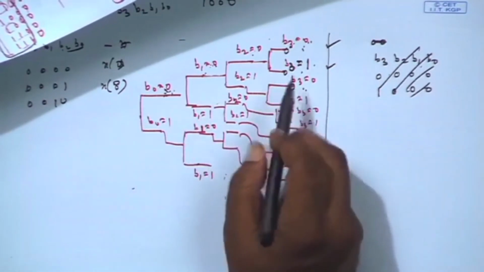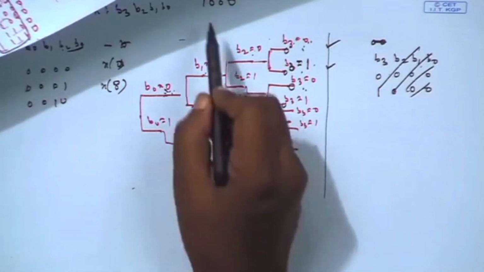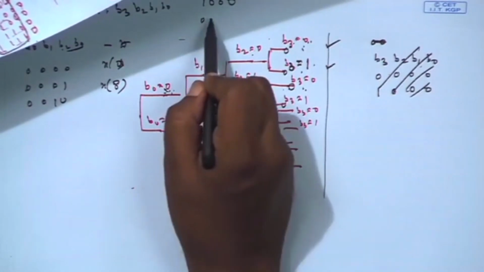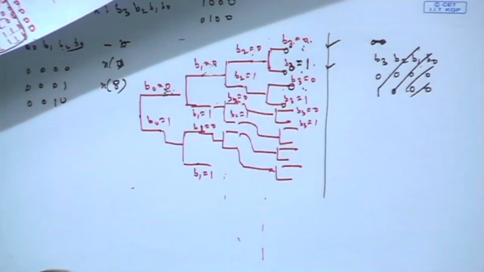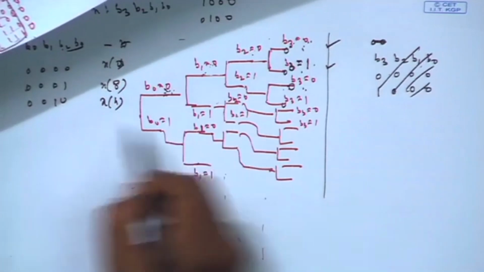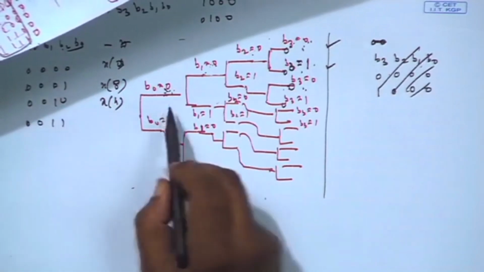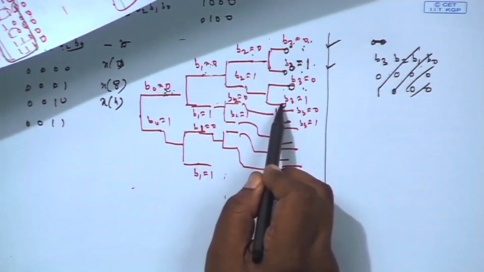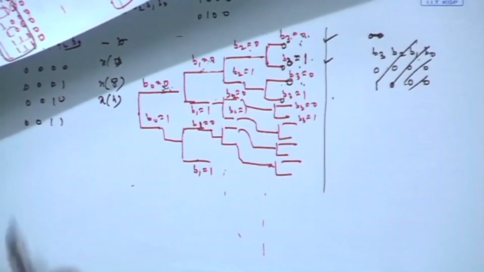But that will actually be B3 0, 0 1 0 0, okay, that is 4. Then again 0 0 1 1, okay, there is the next guy, number 3.